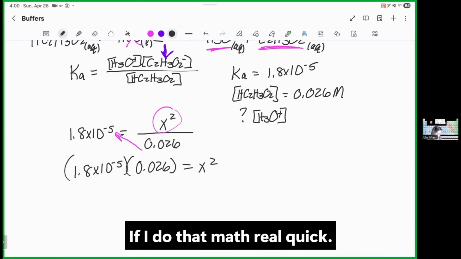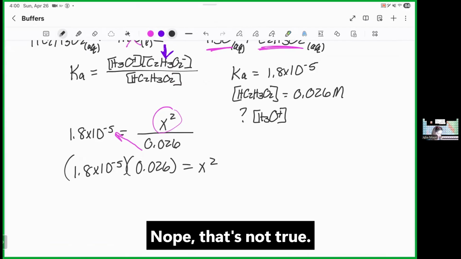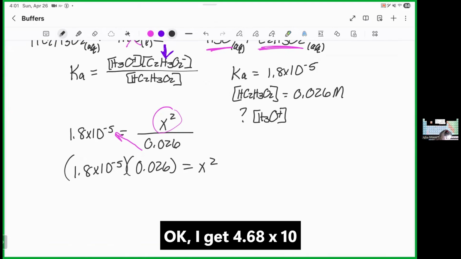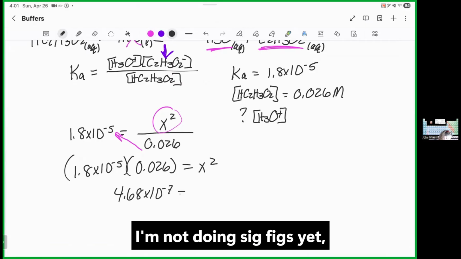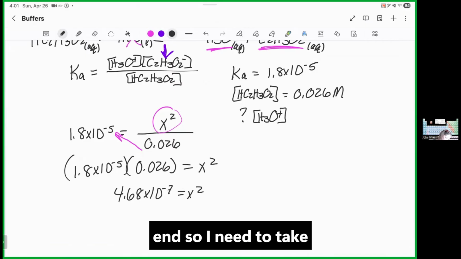If I do that math real quick, I get 4.68 times 10 to the negative 7 equals X squared. I'm not doing sig figs yet. I'm going to wait until the end.